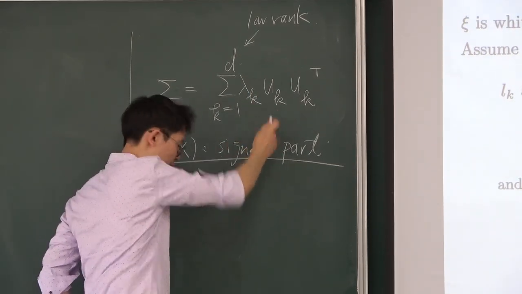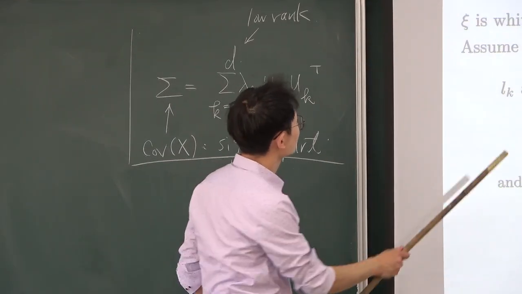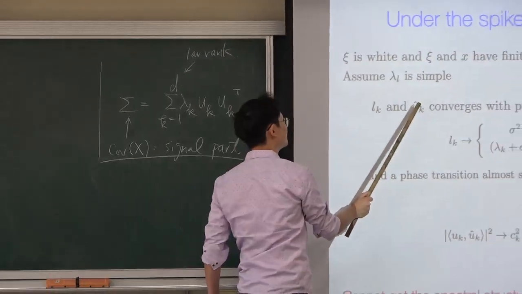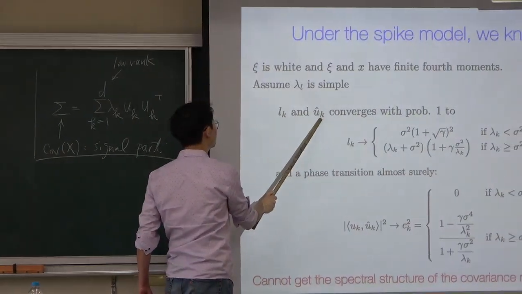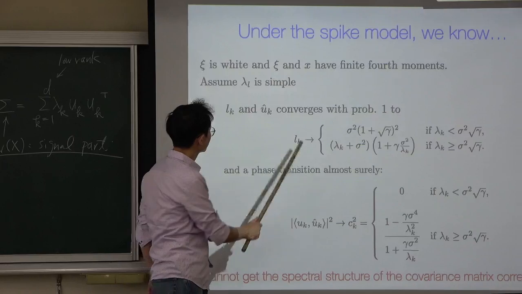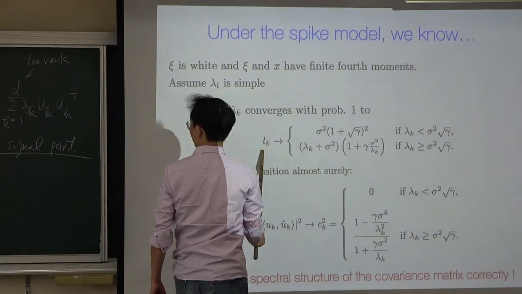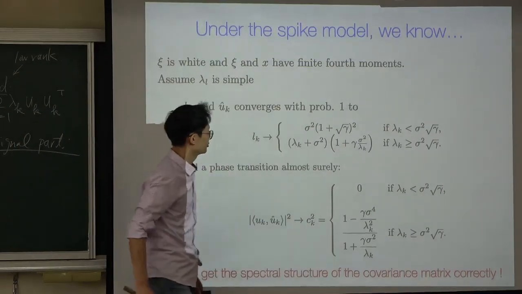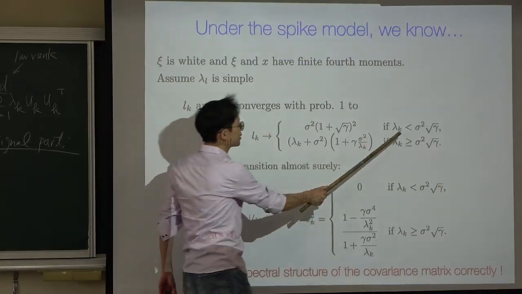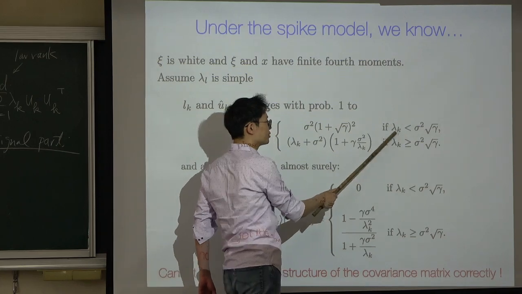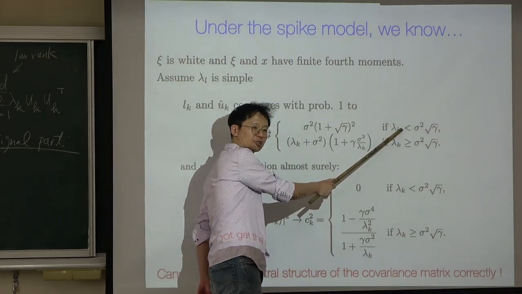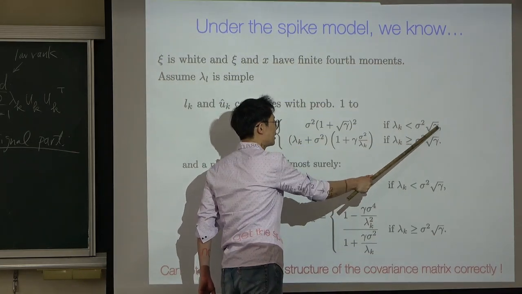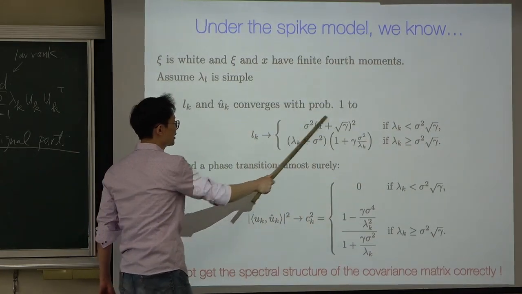Lambda k is the population eigenvalue, u k is the population eigenvector, small l k is the sample eigenvalue, and u hat k is the sample eigenvector. Then the sample eigenvalue and the population eigenvalue have this relationship. It tells you that if the population eigenvalue is small, and how small is small, when it is smaller than sigma squared times square root of gamma, then, sorry, you don't get any information.